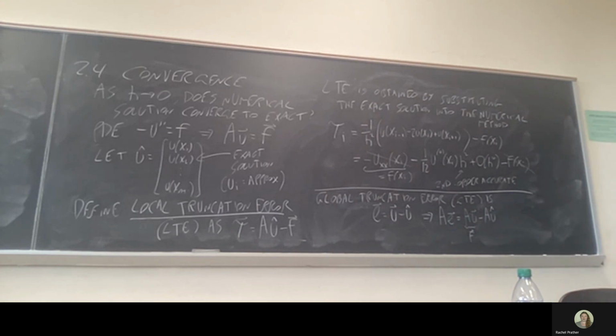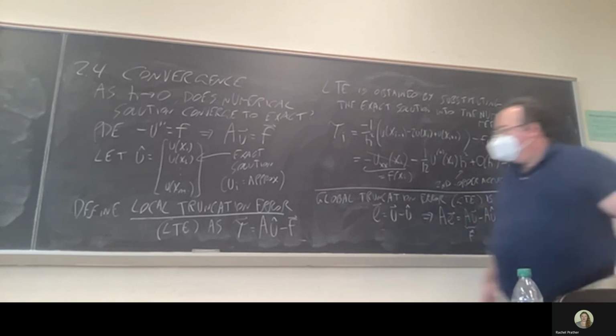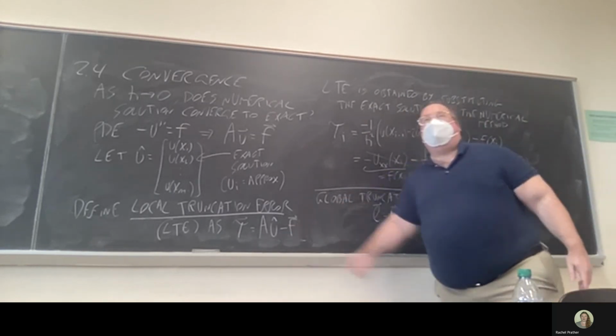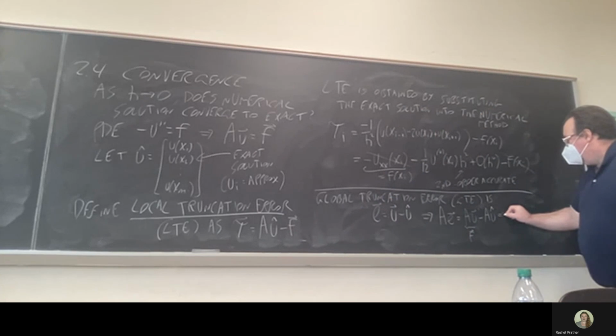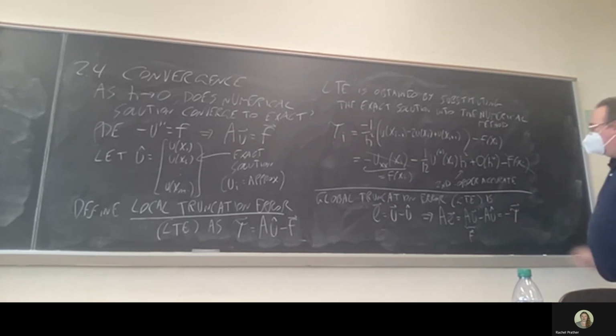So now I have F minus AU hat, which is this, except with a minus. So this is very important. It relates the local truncation error to the global truncation error.